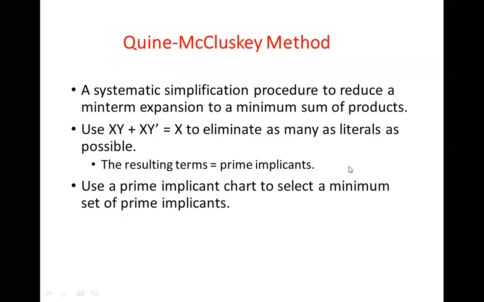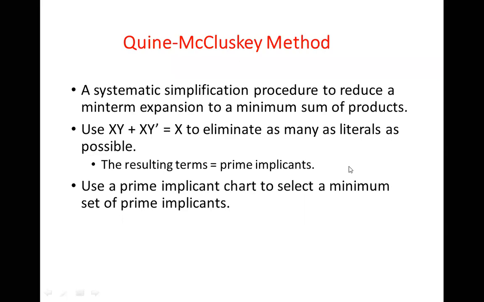If the number of variables increases, the gate count will also increase. The gate cost will increase. So we have to try to simplify the expressions when the number of variables increases. So one such method which is adopted is the Quine-McCluskey method.